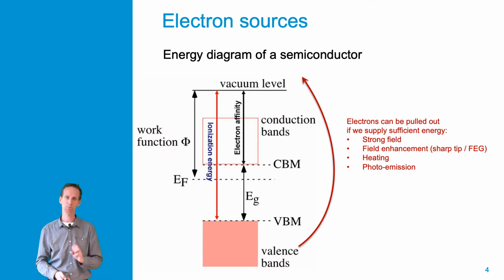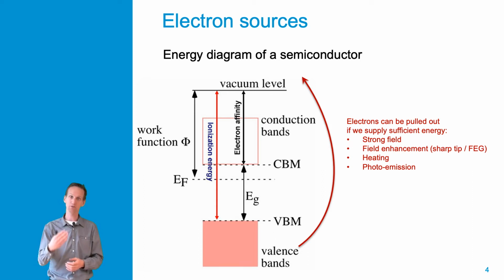Now how can we supply this energy? There's different ways. First of all, we can apply a very strong field. So in effect we pull out the electrons from the material. We can enhance this field even if we apply a sharp tip, as I illustrated on the previous image for the field emission gun. The sharp tip means the field is very strongly confined around this tip, meaning a high localization of electric field lines, so a high electric field strength locally, which helps to pull out the electrons.